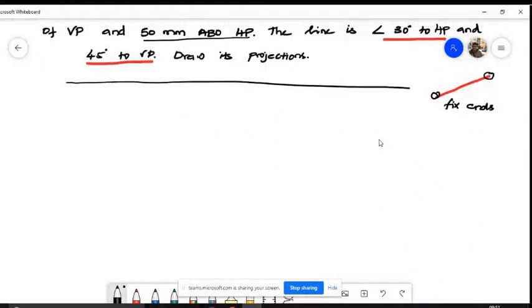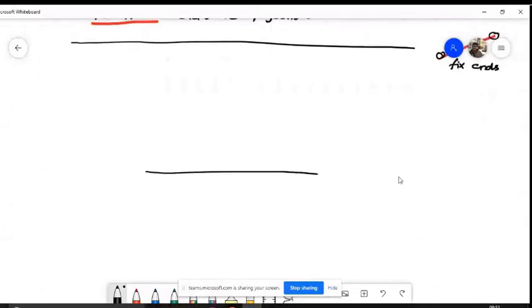Okay, so let's draw the reference line xy. This will be my vertical plane and this will be my horizontal plane. First, you need to draw the locus of the midpoint.